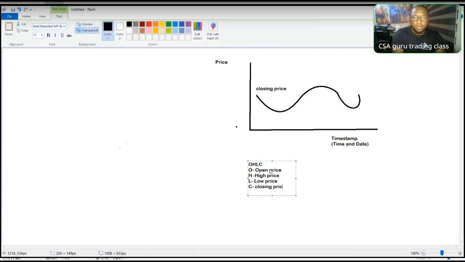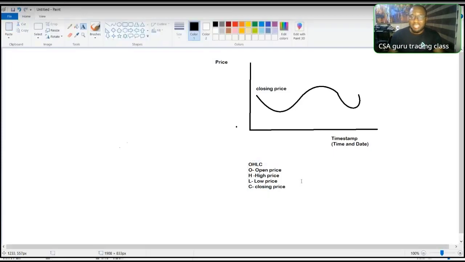So this is what you need to look out for. This information tells you, depending on the type of candlestick that is formed, what the psychology of the market is. So let's give an example of a bar chart right now. This is a bar.